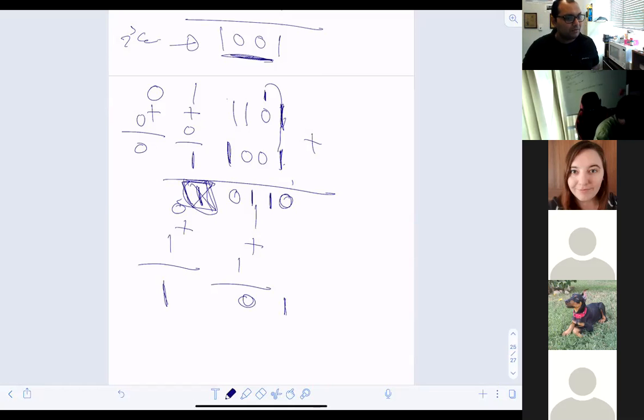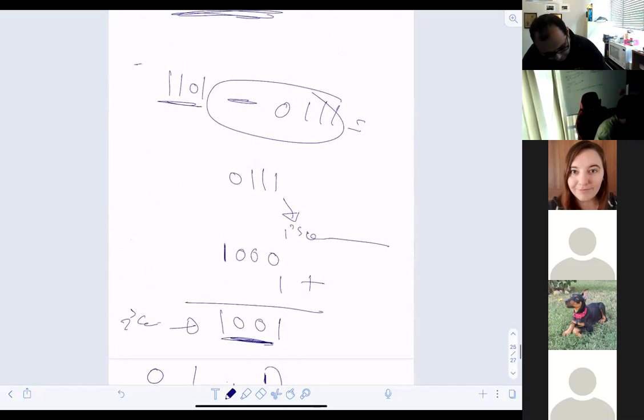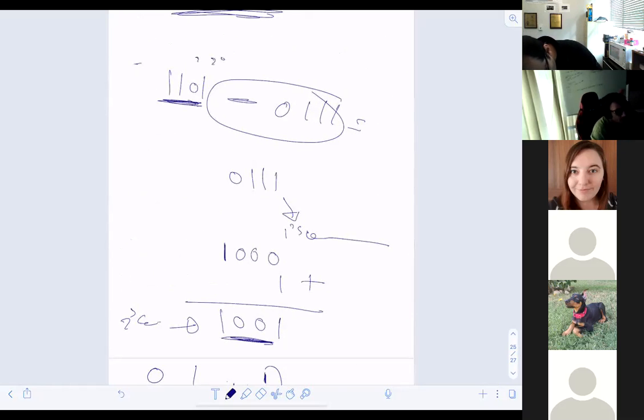This is an indication I don't need to make the 2's complement. This value is positive. So if you go here, literally, what is this value in decimal? Somebody can tell me. This is 2 power 0, 2 power 1, 2 power 2, 2 power 3, right? So 2 power 0 is 1. I think this is 1 plus 4 plus 8, 13.